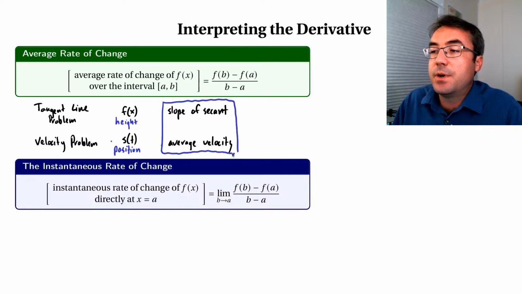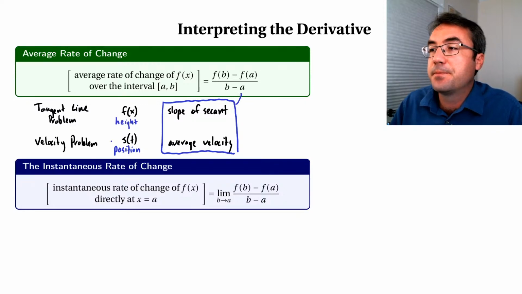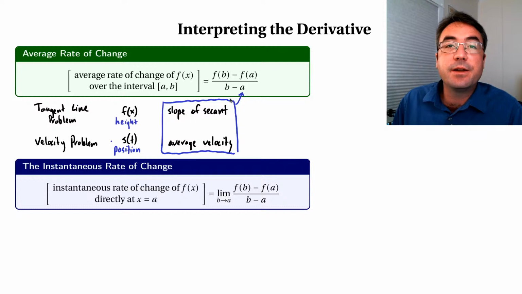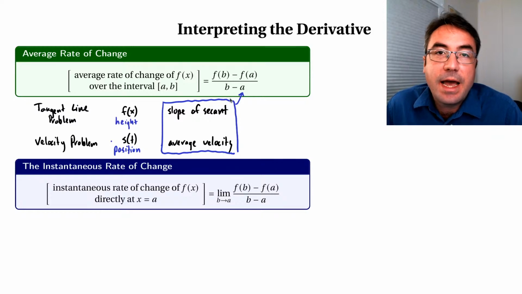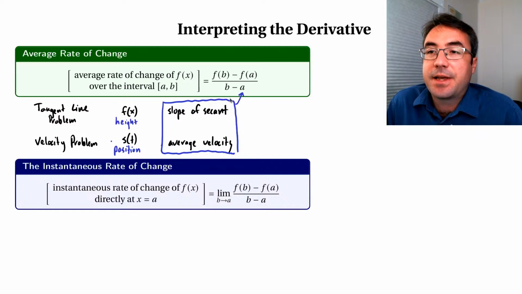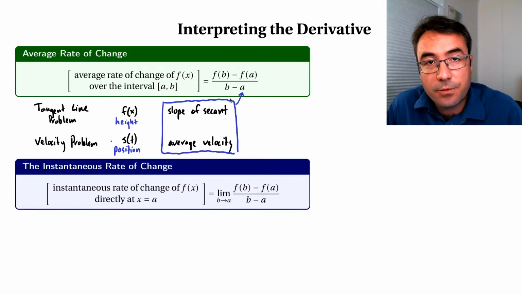In general, when we're talking about some arbitrary function f, the average rate of change of f of x over the interval from a to b is that gadget we looked at before, f of b minus f of a over b minus a. In the context of the tangent line problem, that was just the slope of the secant line. And in the context of velocity, that's the average velocity over a time interval.